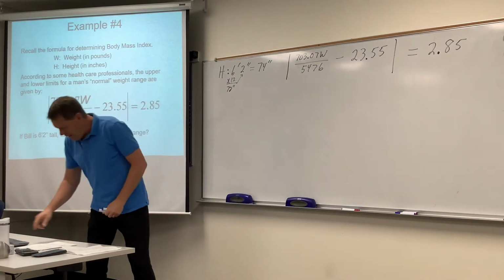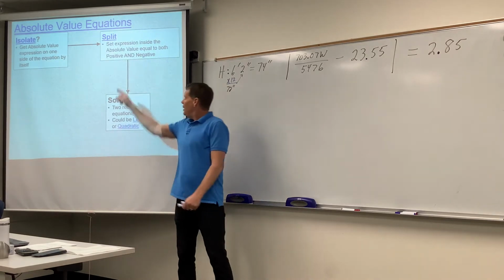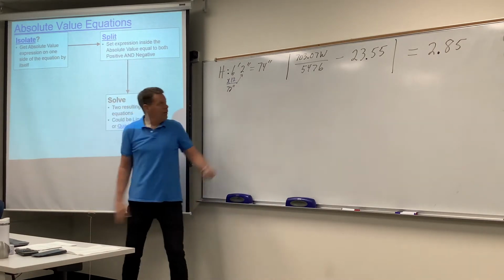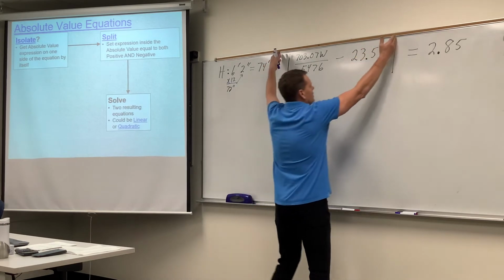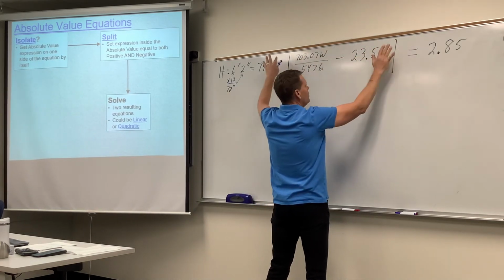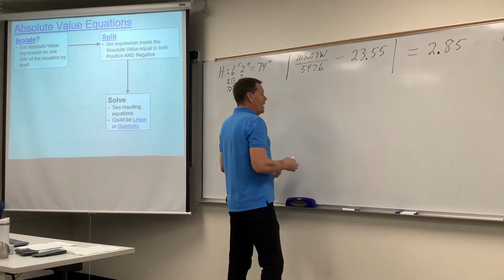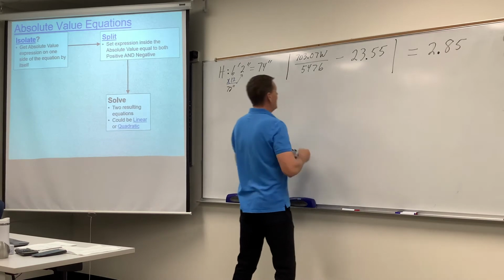So at this point in time, we go back and go, all right, I got a recipe for that. Let's get the absolute value by itself. And you would notice that this expression is on one side by itself, so we don't need to do anything in terms of isolate. Split, all right, so I'll spare you the number line this time.